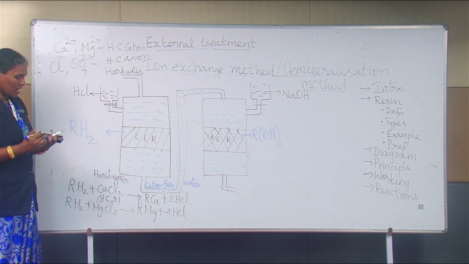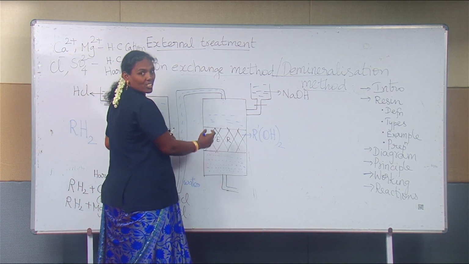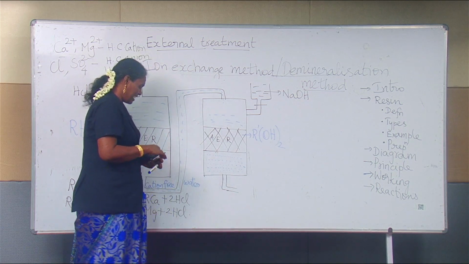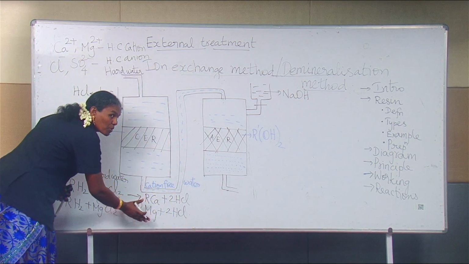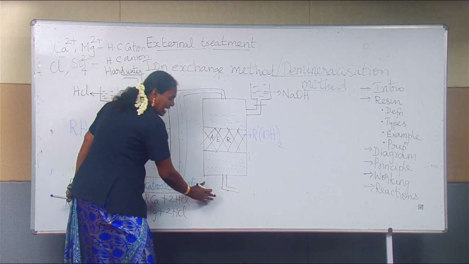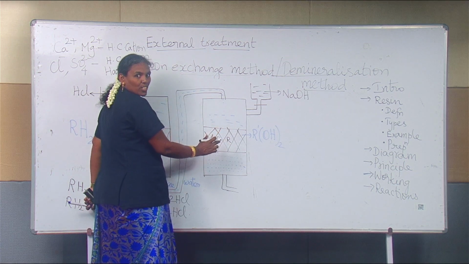So this cation-free water enters the anion exchange resin bed. So what will happen here? There is no Ca2+ and no Mg2+, so which ions do we have now? Chloride ion alone. It passes into the anion exchange resin bed.